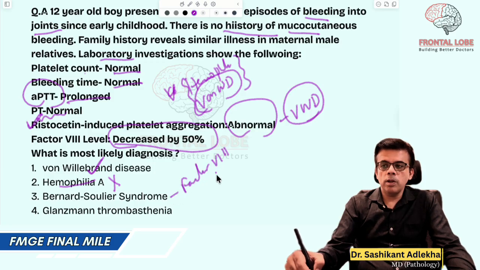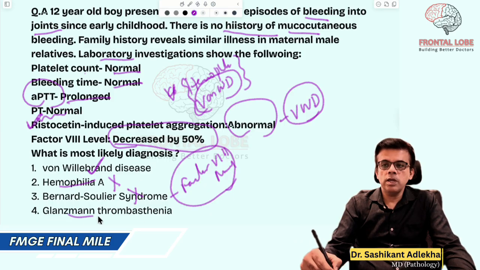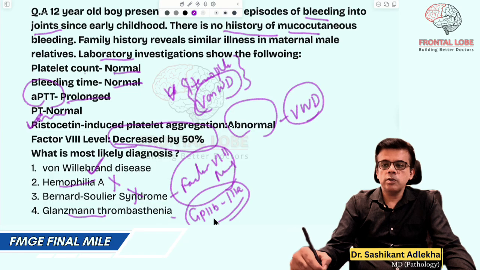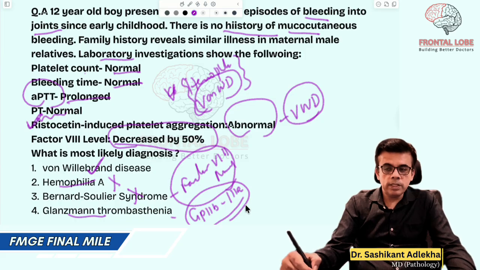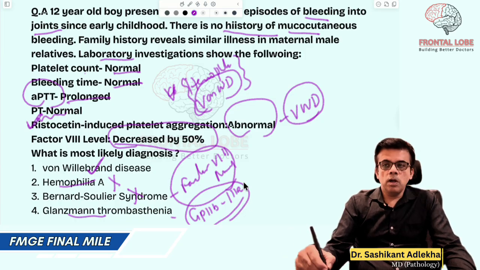Here it is abnormal, and also there is joint bleeding, so this is also ruled out. Glanzmann thrombasthenia: there will be a normal response to ristocetin because there is a GP2B3A defect, not a GP1B defect. This will cause an abnormal response to ADP, epinephrine, and collagen, but an absolutely normal response to ristocetin. So this is also ruled out.